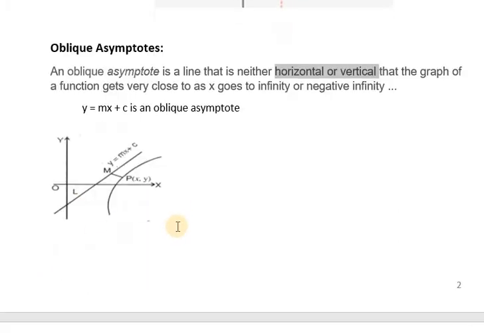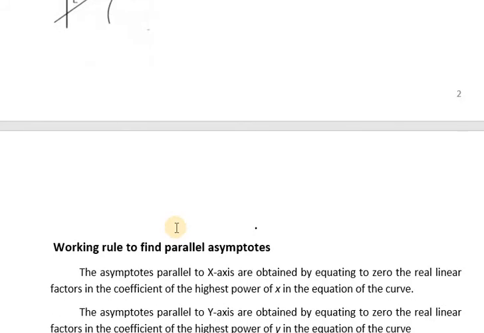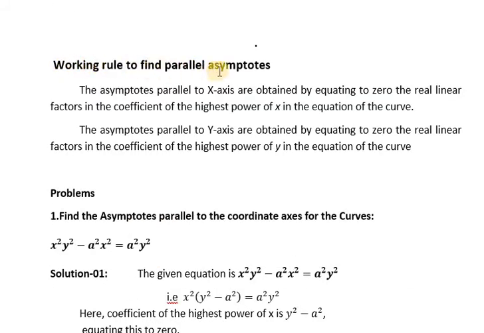In this session, we are just going to find out the parallel asymptotes. Working rule to find parallel asymptotes. The asymptotes parallel to x-axis are obtained by equating to zero the real linear factor in the coefficient of highest power of x.